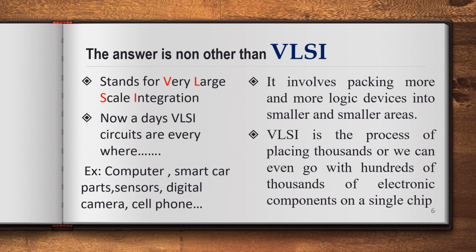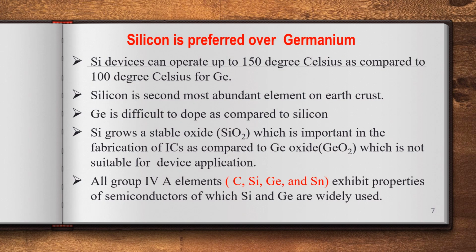For example, computers, smart car parts, sensors, digital cameras, cell phones, etc. All these are VLSI devices. So VLSI technology has been the enabler for the advancement of the present electronics and communication years.